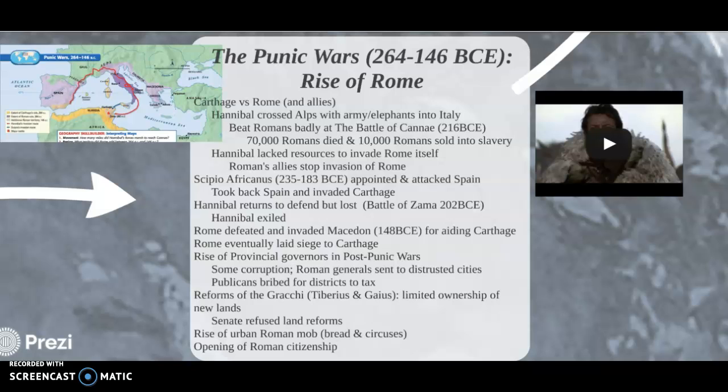The Punic Wars are what expand Rome around the coast of the Mediterranean. Now, the center of the Punic Wars are the battles against Hannibal from Carthage. Basically, the Romans had intervened in Carthage politics.